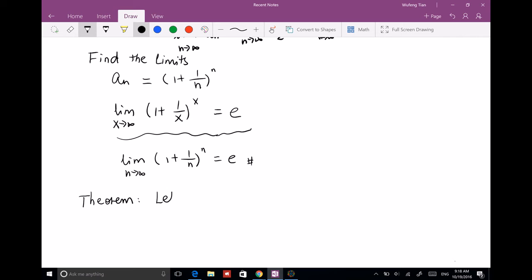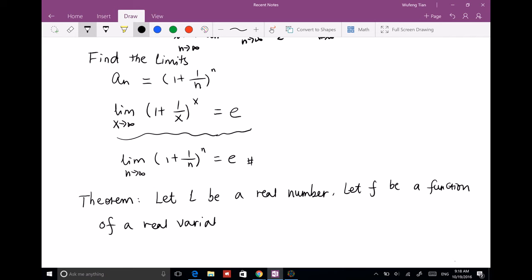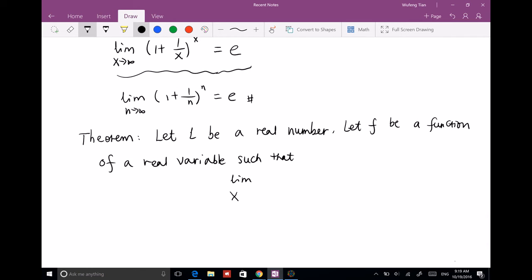Okay. So let L be a real number, and let f be a function of a real variable such that the limit as x goes to infinity of f(x) equals L. So in this one, x is a continuous variable.